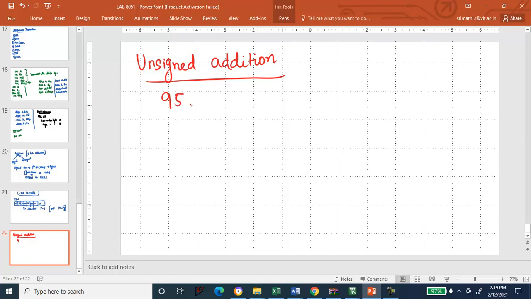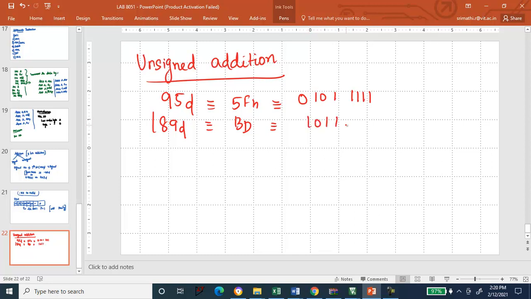Let me add 95 decimal with 189 decimal, whose hexadecimal equivalent is 5FH and BDH, and the binary equivalent is 0101 1111 for 5FH, and for BD is 1011 1101.